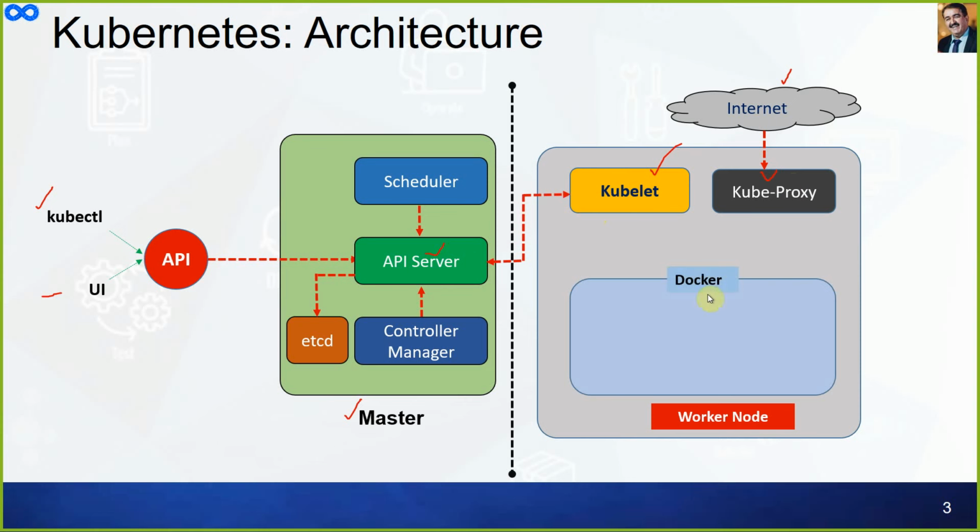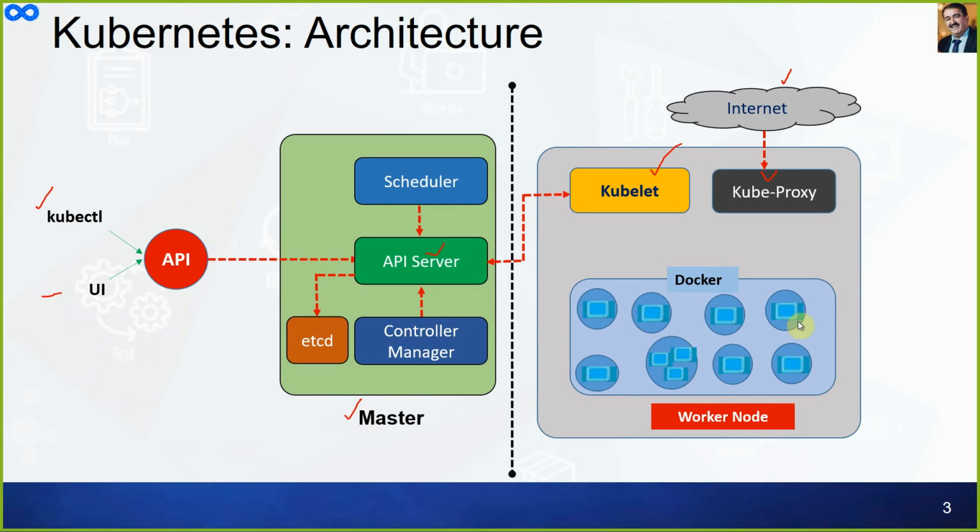The containers are handled by Docker or any other runtime. In our case, we are using containerd with Podman, where we manage the pods and containers are inside the pods.